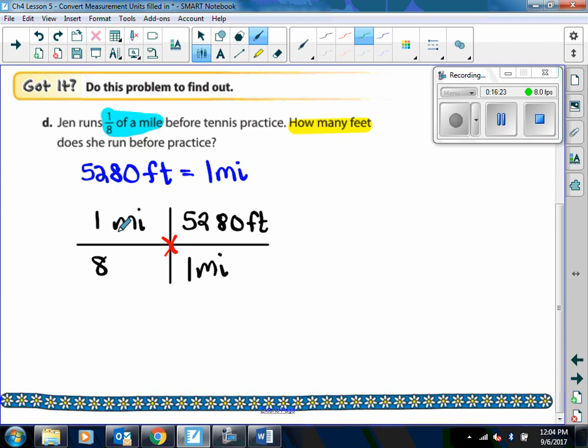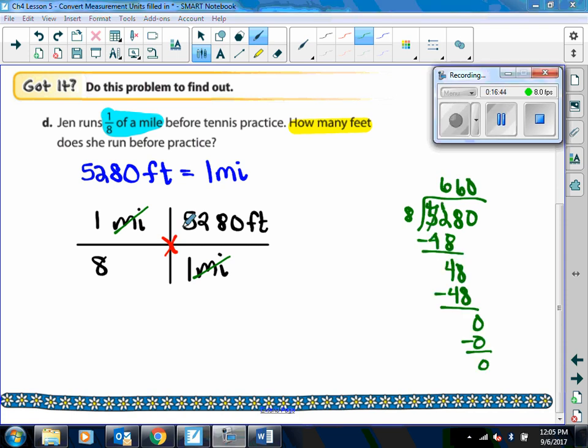So miles and miles cancel. And then, look at this. We can divide 5,280, I'm going to do this in green, by 8. So 8 goes into 52 6 times. So 8 goes into 5,280 660 times.